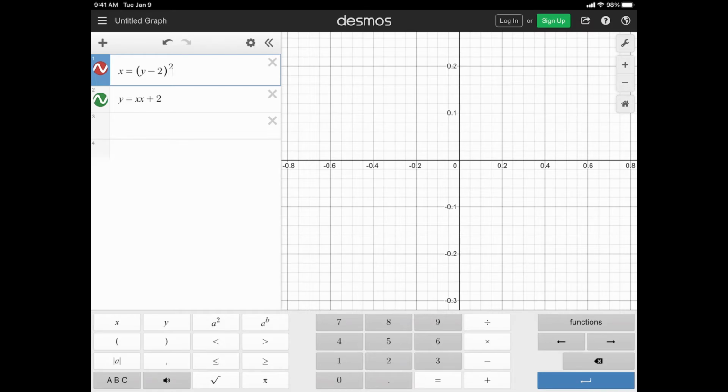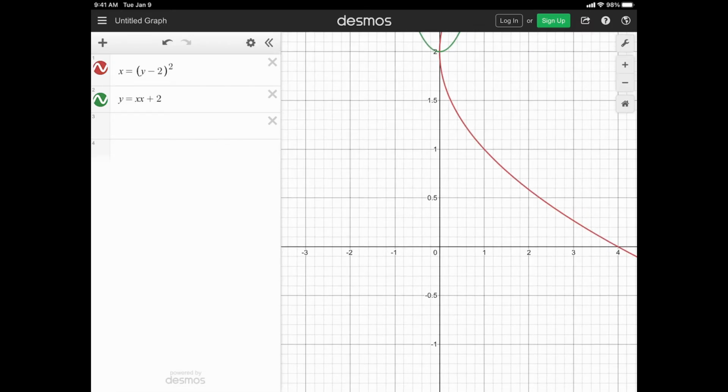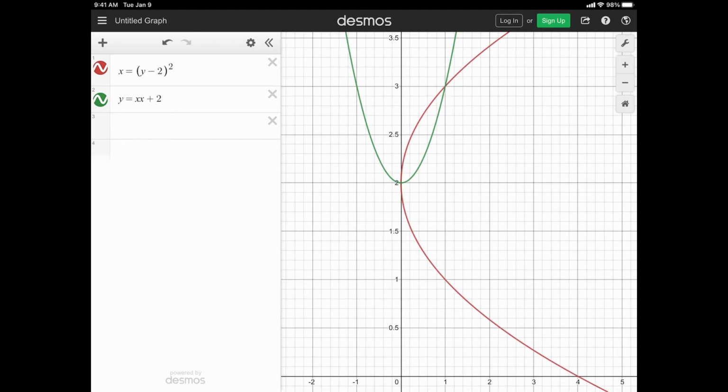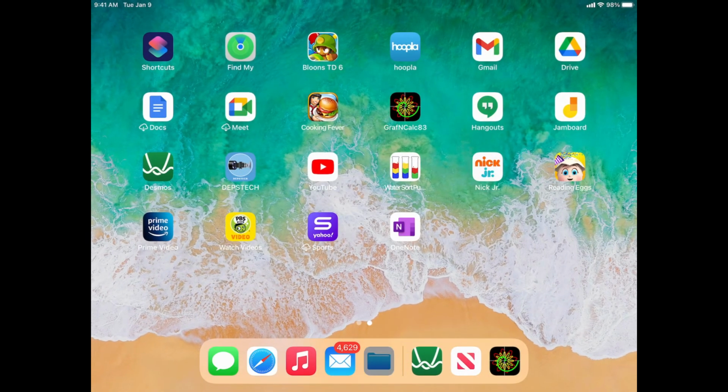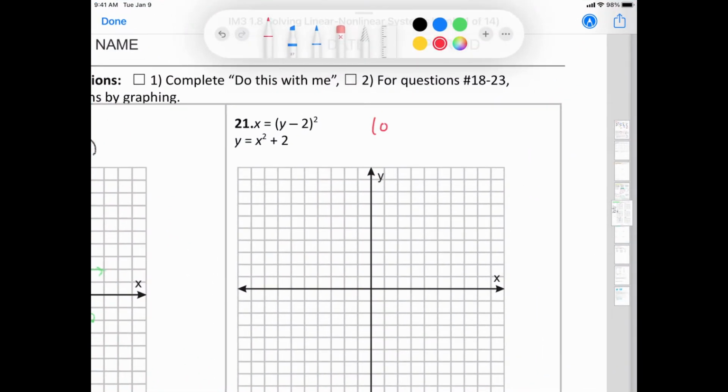Okay, I don't have anything on my graph, and what you can do is just start pinching and pulling. And there our intersections going to be 0, 2, 1, 3. Let's just put those on the graph. 0, 2. Oops, can't count. 0, 2, 1, 3. And our graph looked something like this.